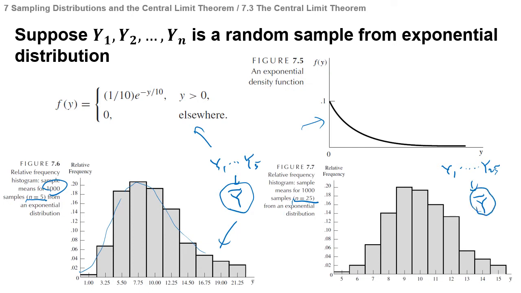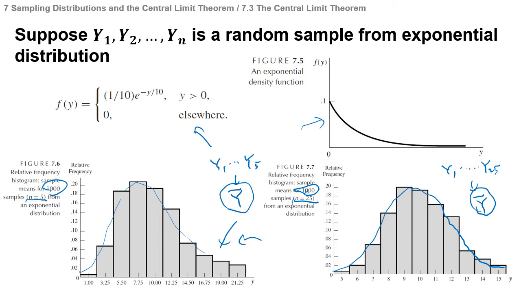We calculate Y bar 1000 times and make the histogram of Y bar. Then the result looks like this. This looks much more normal than the previous example. So this is the simulation result of the central limit theorem.